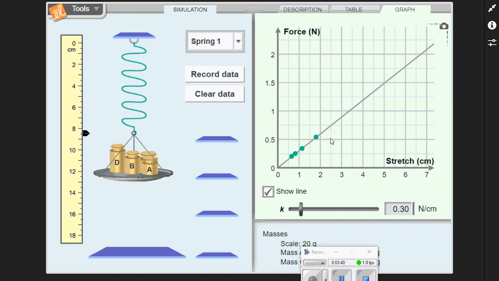And if you remember, if you find the area under here, you can actually find how much work has been done by the force, and therefore how much energy has been transferred into the spring, or how much energy is stored in the spring.